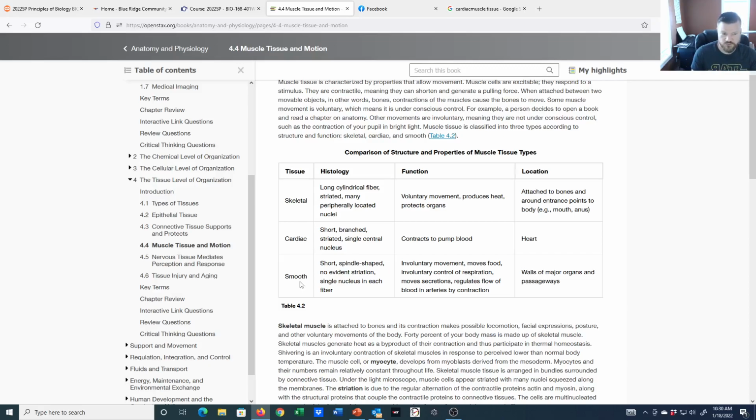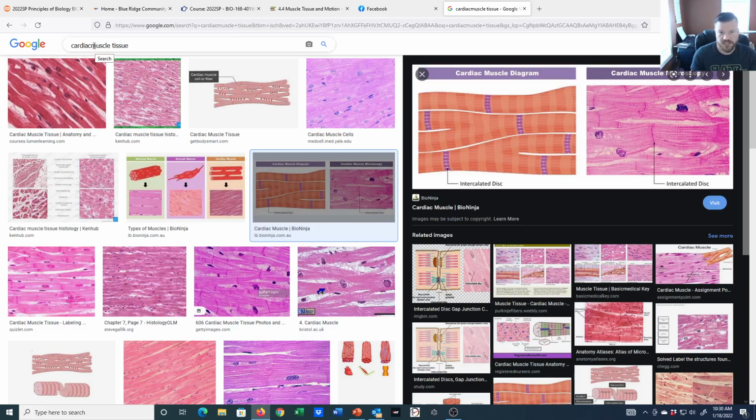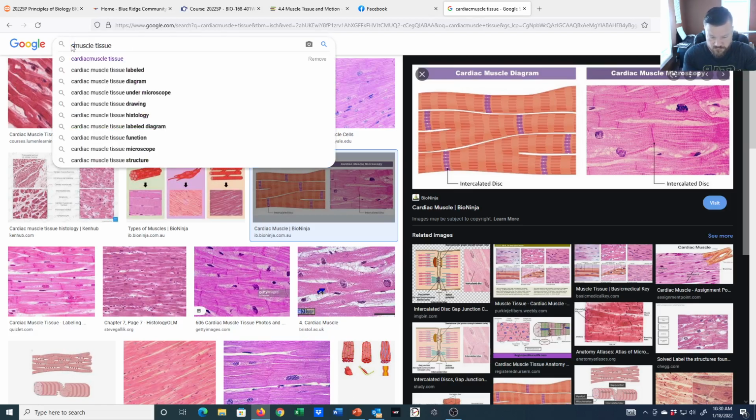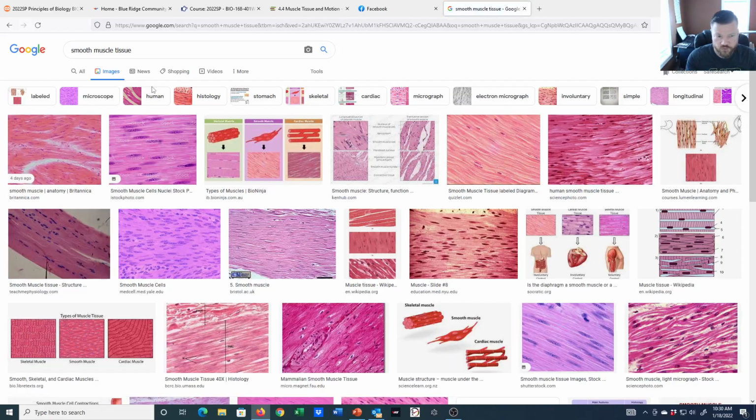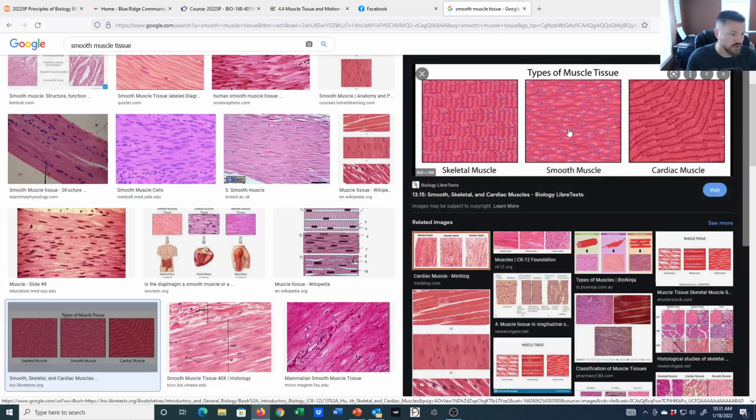And then we move on to smooth muscle tissue. So smooth muscle tissue is kind of spindle-shaped. If you've ever worked on a car, maybe you know what a spindle is. Here's a good example. This is a cartoon image. Or if you've ever worked maybe in fabrics in a mill, you know what a spindle looks like.